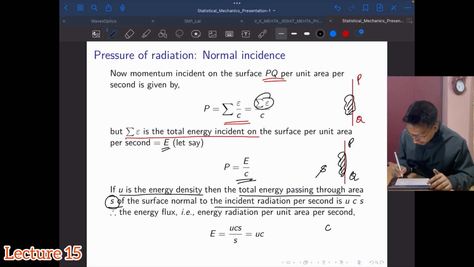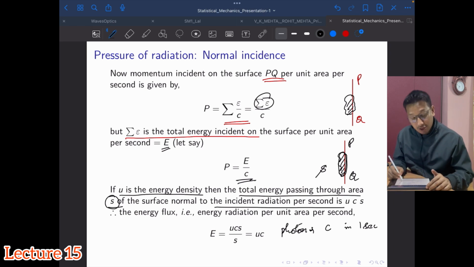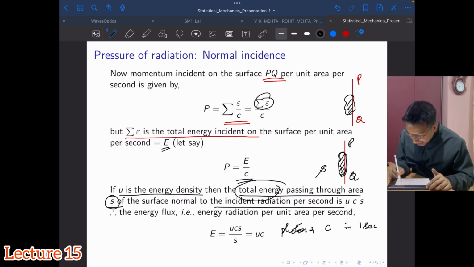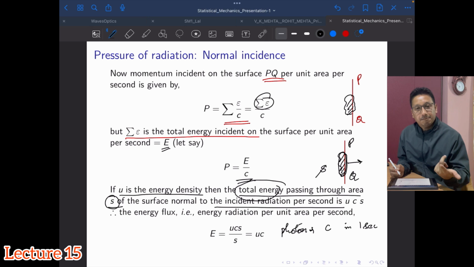So the photon covers distance C in 1 second. If this surface has area S, and I have the energy density, I need to calculate the total energy passing through this area per second.